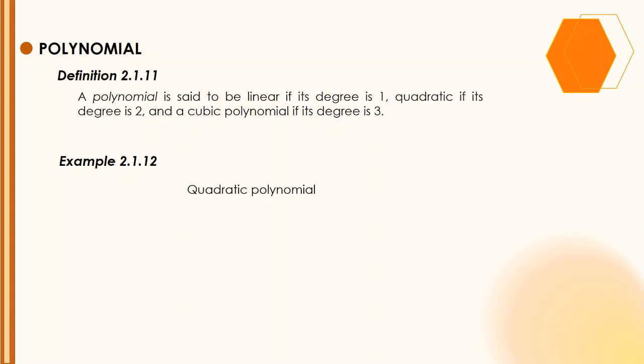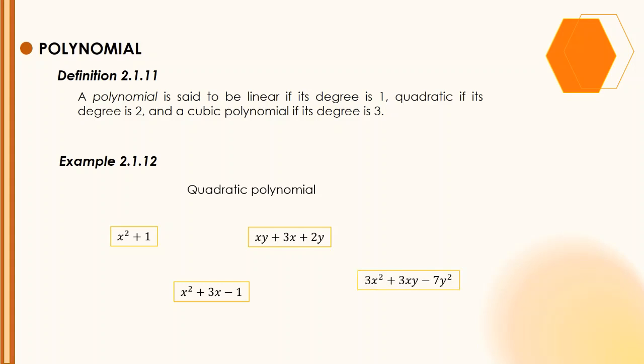Example of quadratic polynomial: x squared plus 1, x squared plus 3x minus 1, xy plus 3x plus 2y, 3x squared plus 3xy minus 7y squared. So, lahat naman, ang degree ng mga equations na yan is 2. Kaya, quadratic polynomial.